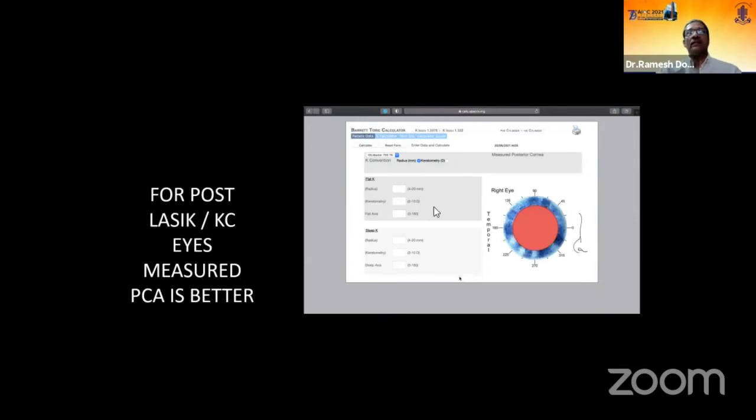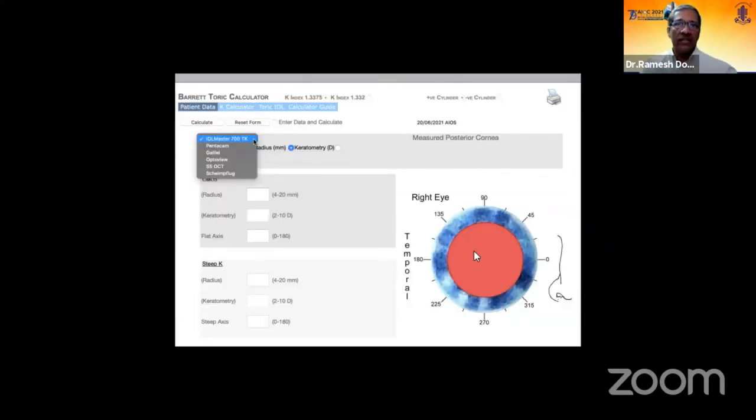Then this is the Toric calculator where you want to use the actual measured True K value, and this is of use in LASIK eyes and in keratoconus, where the Gulstrand ratio is altered. The True K values can be obtained from the IOL Master 700, Pentacam, any SSOCT device, an OptoView, or from any Scheimpflug device.